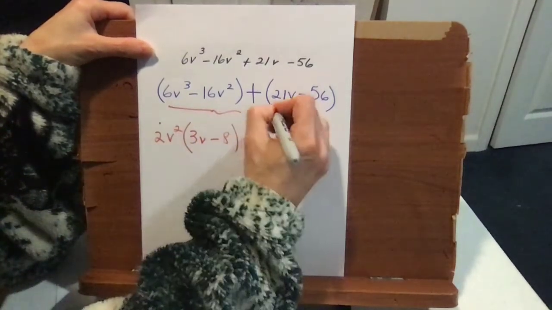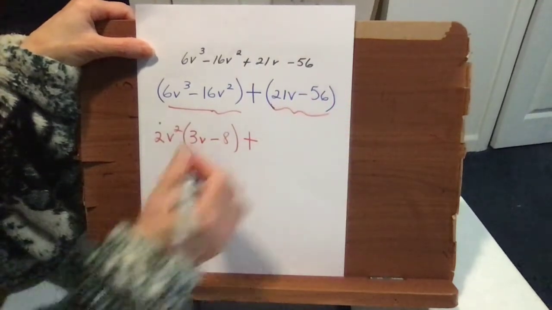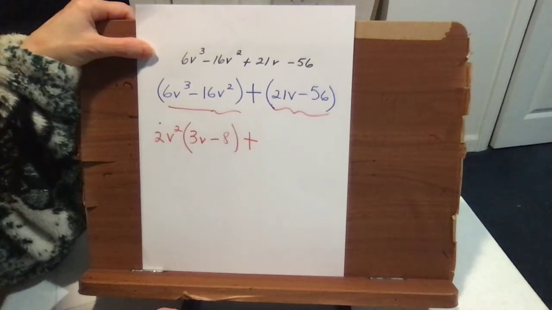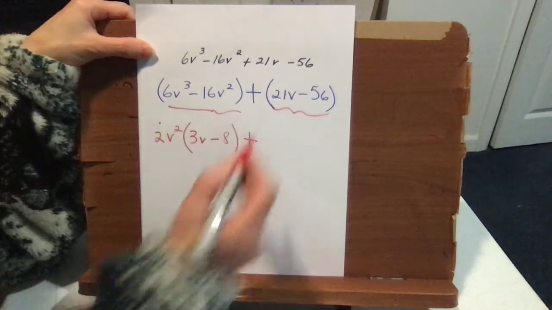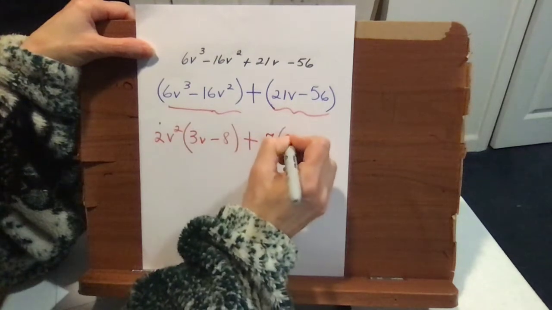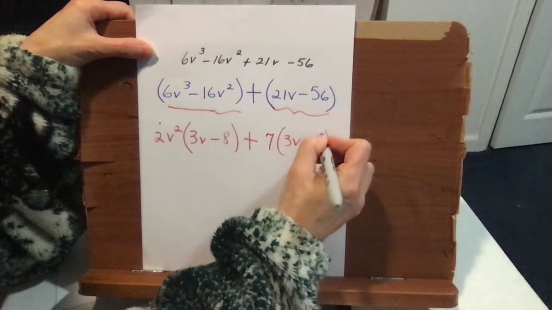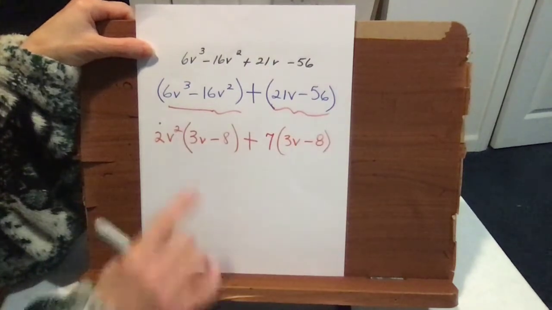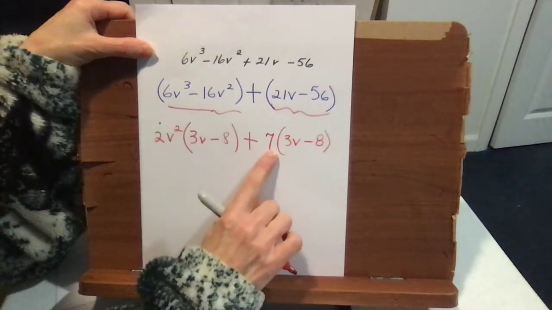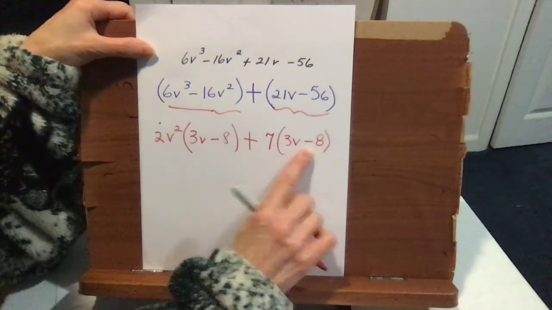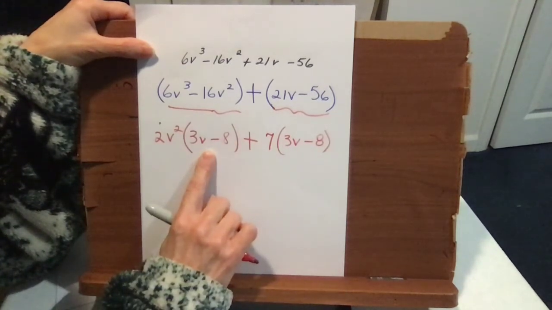Plus, we're going to factor out this grouping. 21 and 56, I think we could take out a 7, leaving us with 3v minus 8. What you notice is that if you factor your GCF out and it's not large enough, you're not going to get the same quantity as you did in the first grouping, or vice versa.